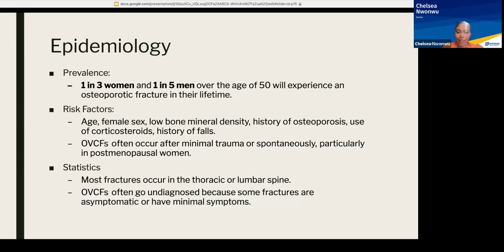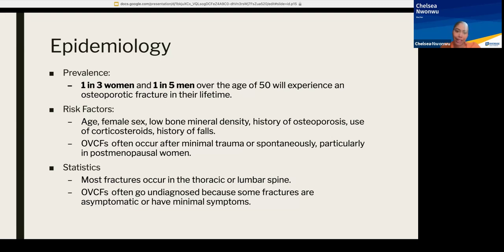Risk factors include aging, corticosteroid use, low bone mineral density, and falls. Interestingly, OVCFs often go undiagnosed because the pain can be misattributed to just normal aging. And the delayed recognition contributes to further complications such as progressive deformity or increased fracture risk.